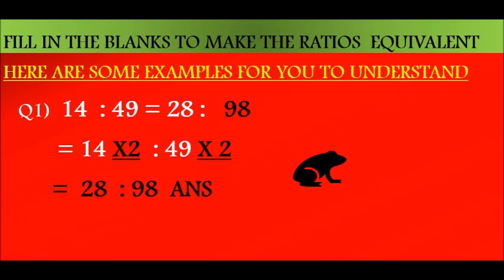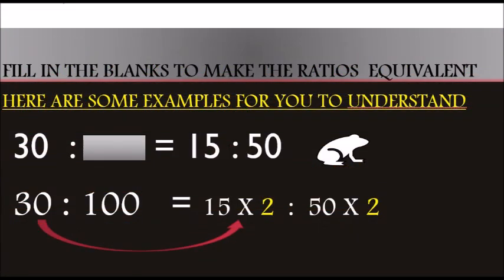Alright, now let's move on to the second example. And the second example here is 30 ratio blank equals 15 ratio 50. This time we are given the blank over here. On the first side, 30 needs to be compared with 15. The second blank needs to be compared with 50.